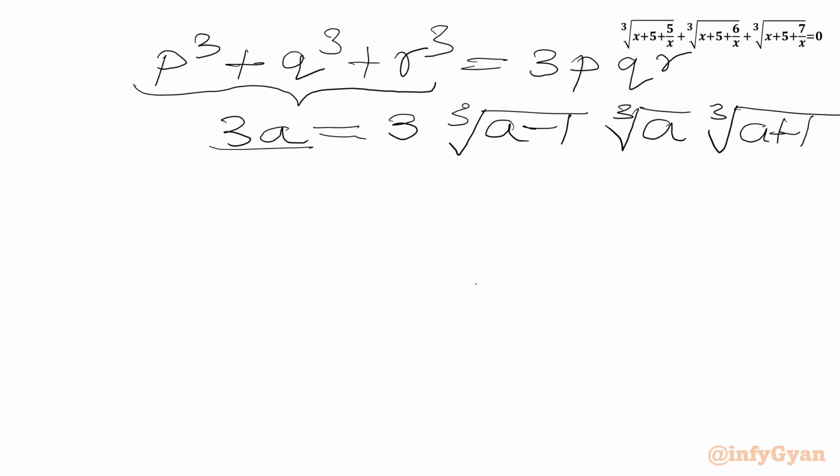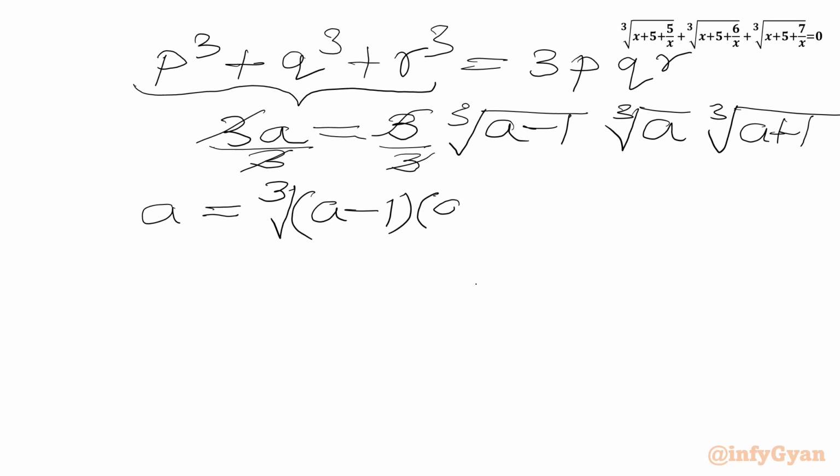Now we can divide both sides by 3 to cancel 3 from both the sides. So we will get a equal to, using property from radical, cube root of a minus 1 times a plus 1 times a.